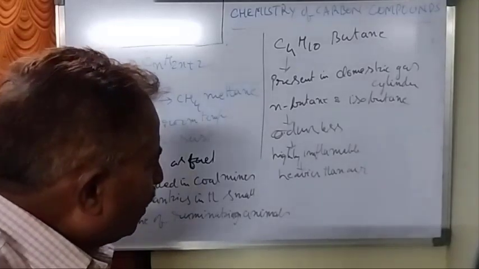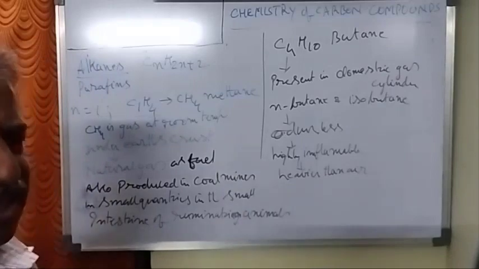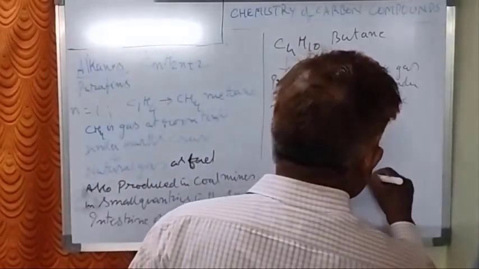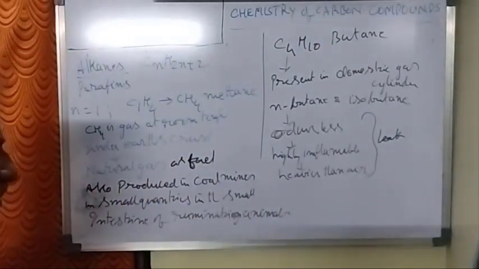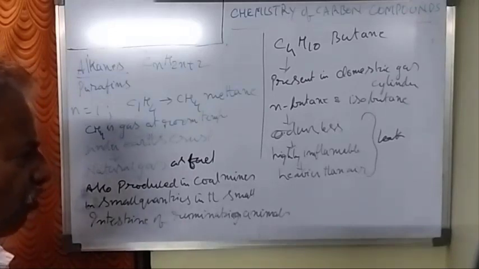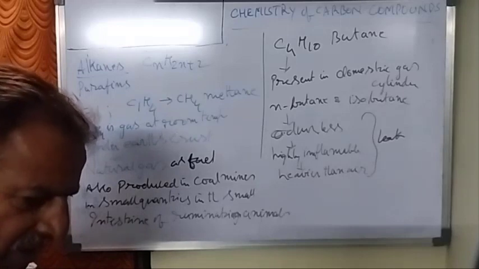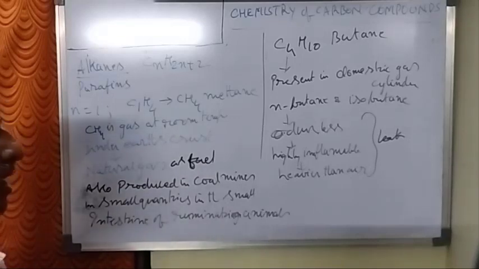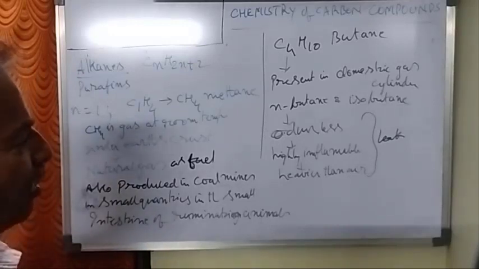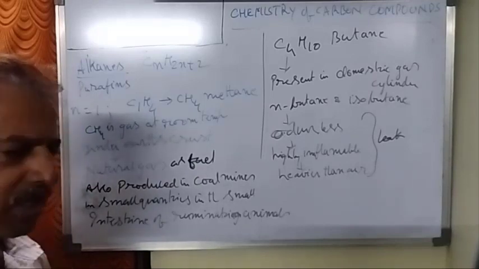Suppose a domestic gas cylinder accidentally leaks. Since it is an odorless gas, the leakage cannot be identified. If the house is closed and we come back after some days, and the cylinder leaks, generally we switch on the light in the closed house. The spark is enough to catch fire. Therefore, explosive burning takes place and fire accidents are caused.